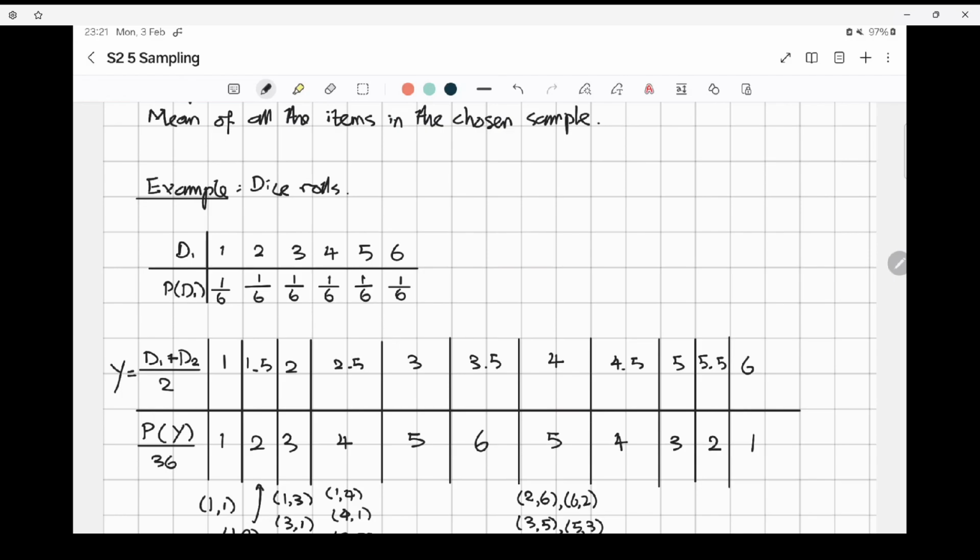Of course, I can try to calculate the expected value and variance. For the first one, the expected value for D1 is given by the sum of x_i p_i. If you sum them up accordingly, what you would get is 3.5.